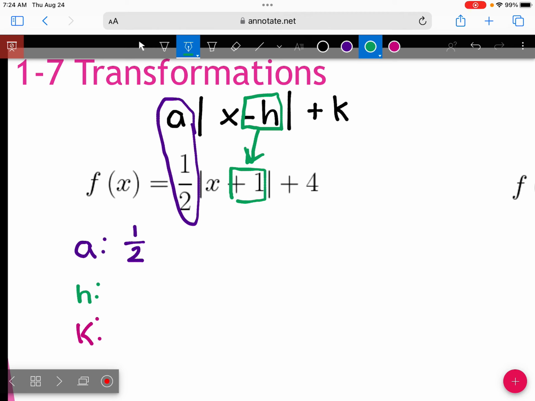So this says the absolute value of x plus 1. Our H is -1. Our little formula up here has x minus h to help us remember. It always is going to have the opposite sign of that expression.